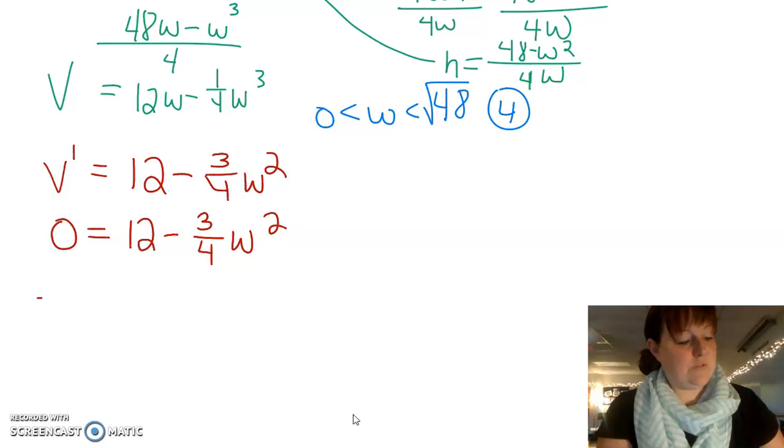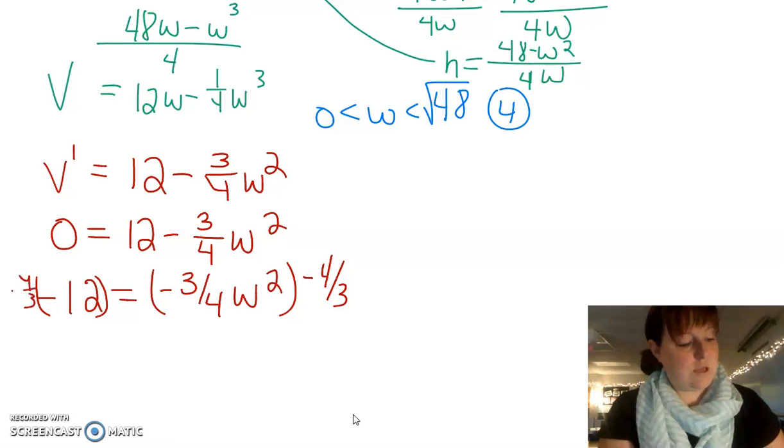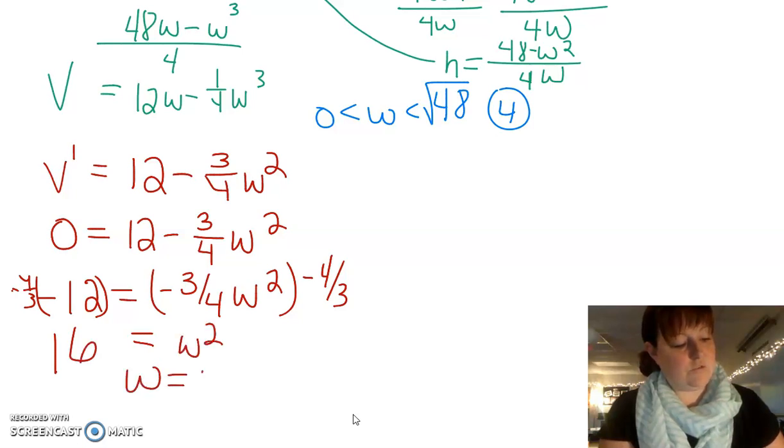I subtract 12 from both sides, multiply both sides by negative 4/3, and I end up with 4 times 4, which is 16, W squared. So W equals 4.